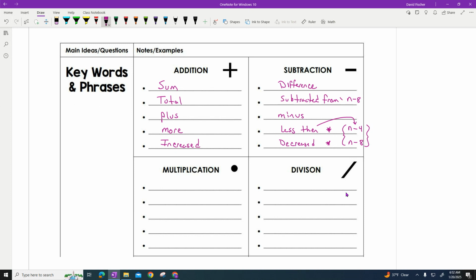This is the one I was thinking of. Put a star by this one, because this one and that second one down here. This one's in order: some number decreased by 8. Yeah, that one's kind of in order here. This is the one I was thinking of, subtracted from. So if I have 8 subtracted from some number, then the 8 has to come second. All right, so put a star by these. We're going to talk about these guys down below again anyhow, but those are the two I was thinking about.